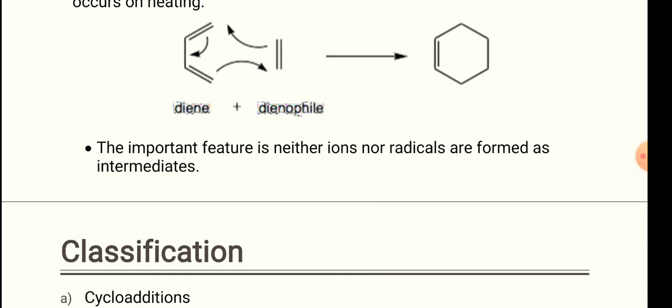I am not going into the detailed discussion about the mechanism, because there is lots of theory which supports the concerted step of the reaction, but it is not going through an ionic mechanism or radical mechanism. But yes, there are lots of contradictions about the concerted mechanism and the stepwise mechanism, that is by radical formation.